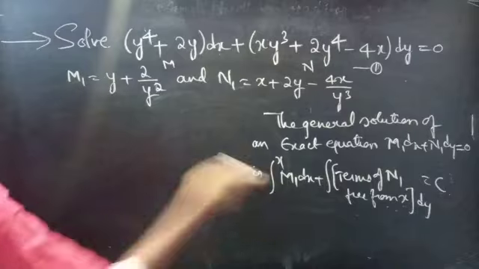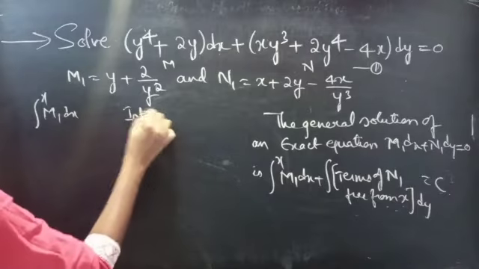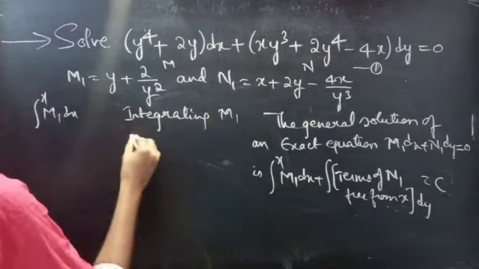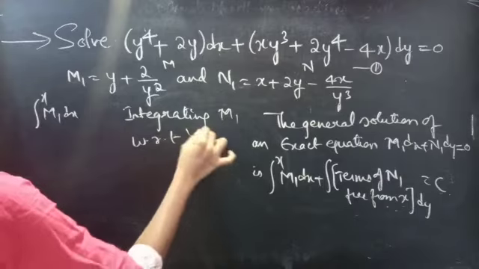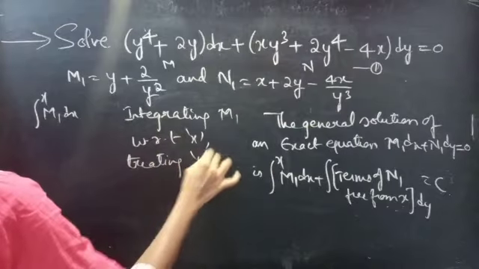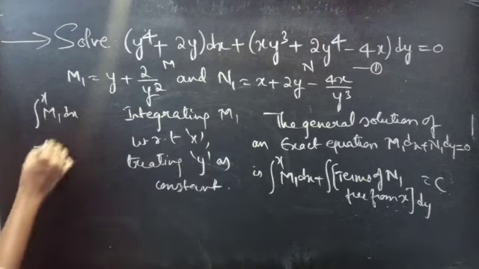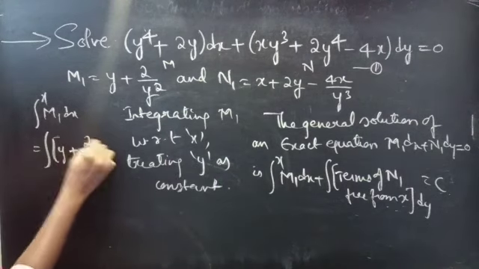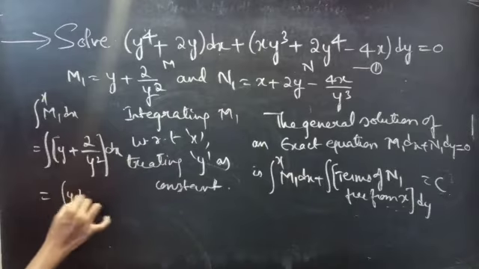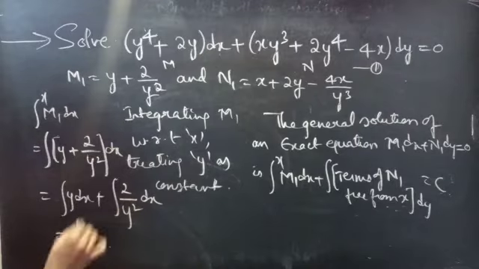Now consider the first integral, the integral over x of M1 dx. Here we will be integrating M1 with respect to x, treating y as a constant. This equals the integral of (y + 2y/y²) dx, which is the integral of y dx plus the integral of 2y/y² dx. Let's write the constants outside the integral.